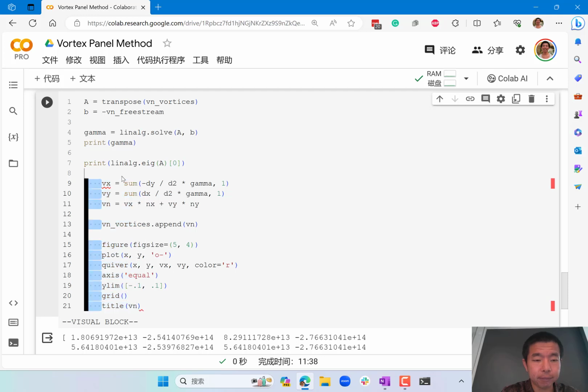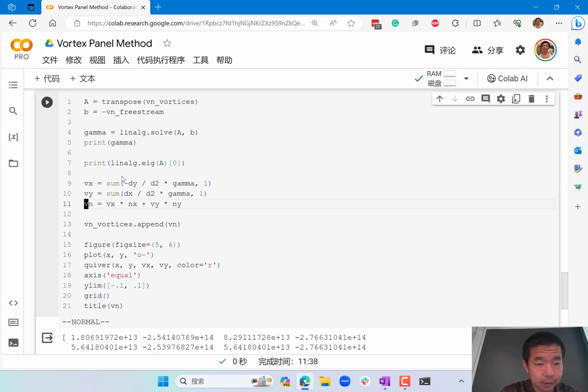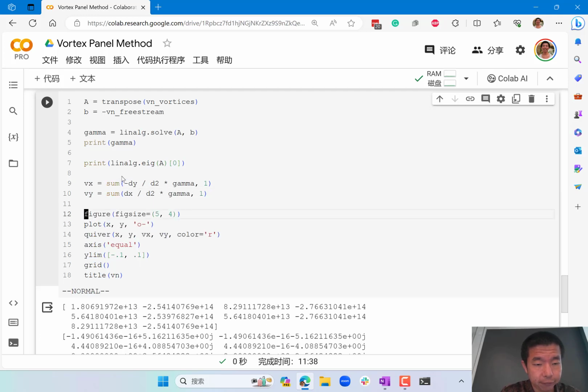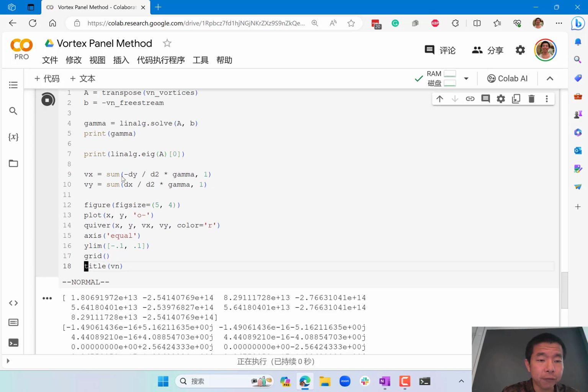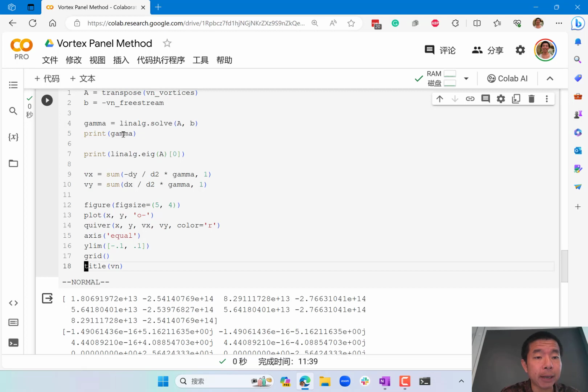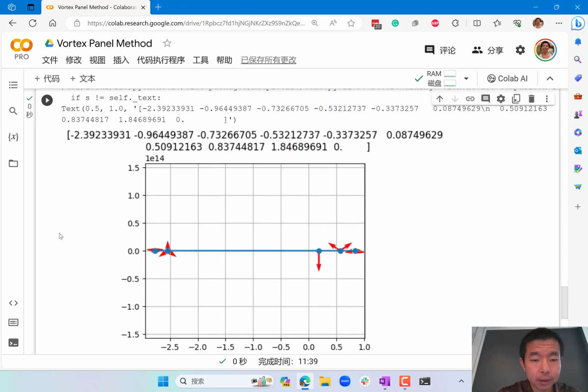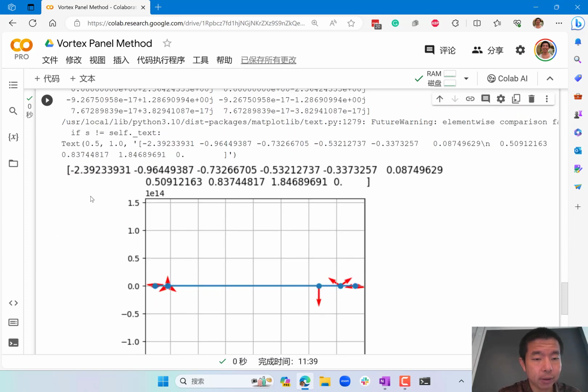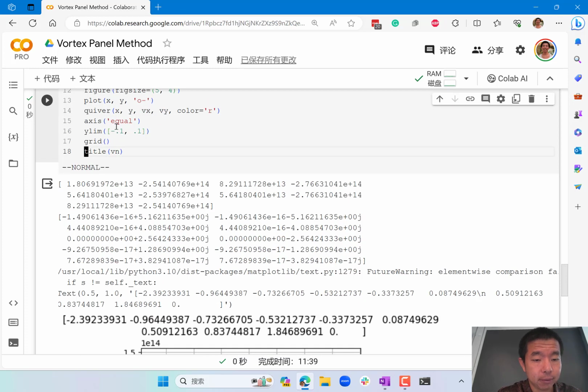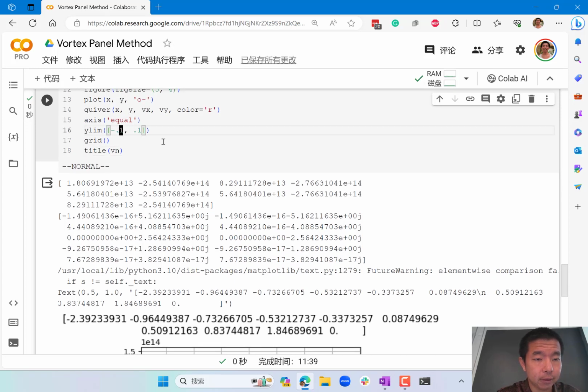Right, I don't need the Vn, I still have the figure. Okay, so I'm going to visualize the velocity induced by this set of gammas that are solved from this equation. I thought I had y limit of -1 and 1.